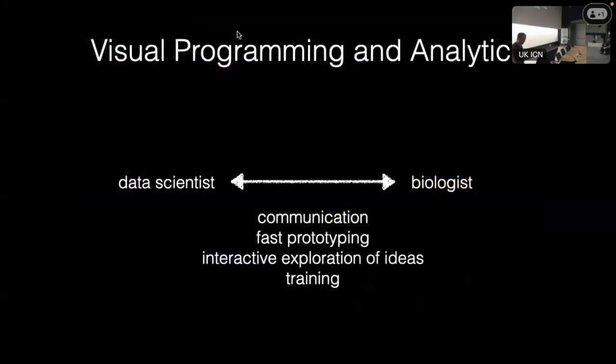The two things that I'm interested in as a computer scientist that allow us to do that are visual programming and visual analytics. Visual programming is something that I use to construct the workflows, and visual analytics is a technique that allows me to display something like a dendrogram and then click on it, right, and then explore what is there.